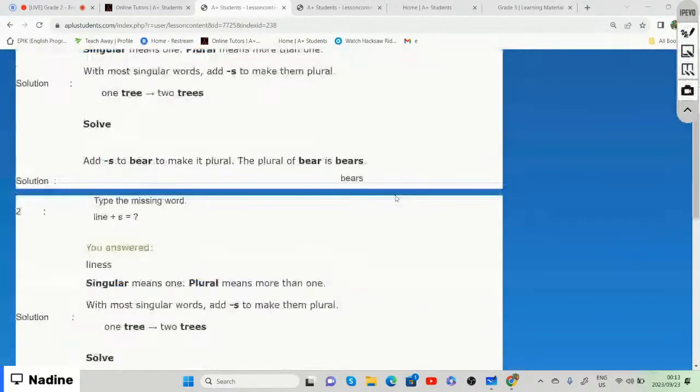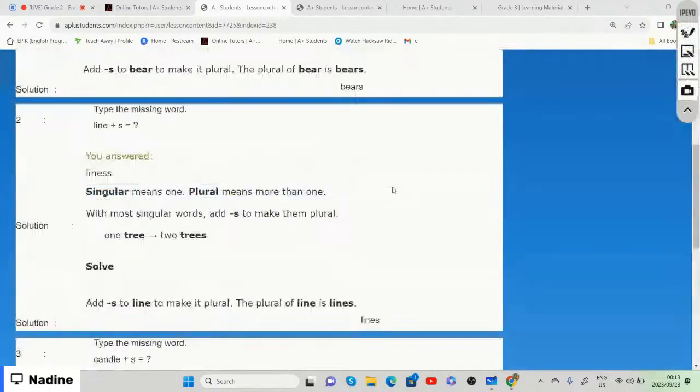Lines. Line plus s. So we have one line, right? One line.